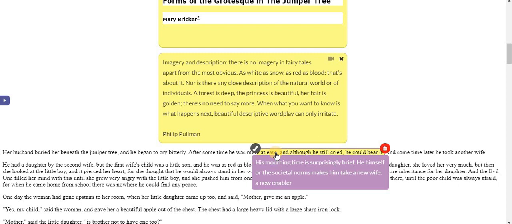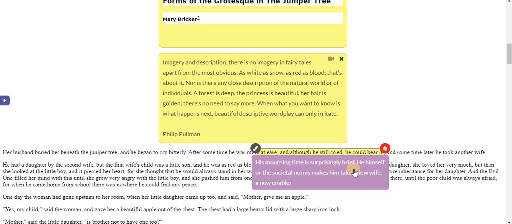In stereotypical characterization, the man who takes a second wife does not show a considerable mourning period, which means that he does not mourn the death of his wife. He does not perform any of the mourning rituals, or it is quickly done. So his mourning time is surprisingly brief.